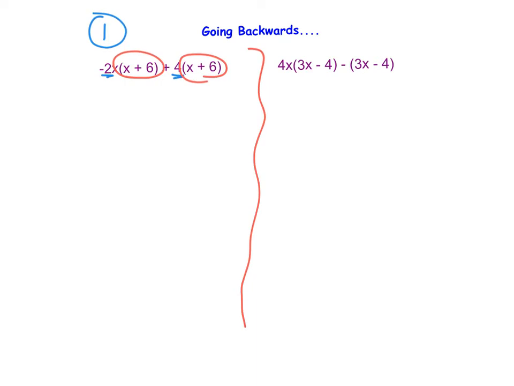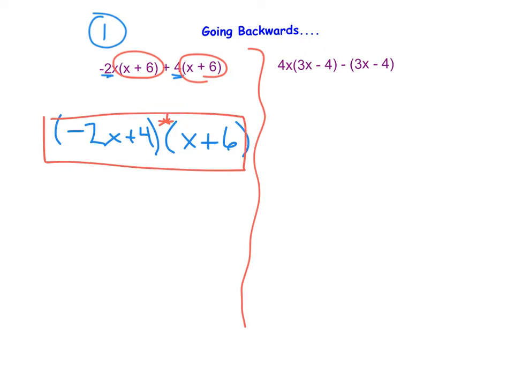So I can group those together. I group the negative 2x and 4 out in front because I know they're both being multiplied by x plus 6. And as a result, I've rewritten this polynomial expression into factored form.